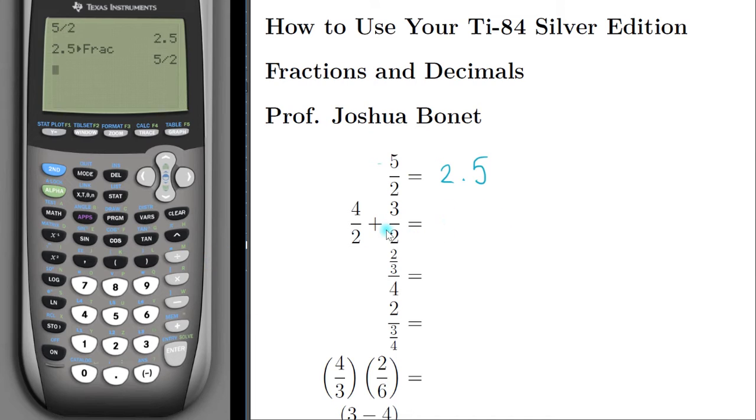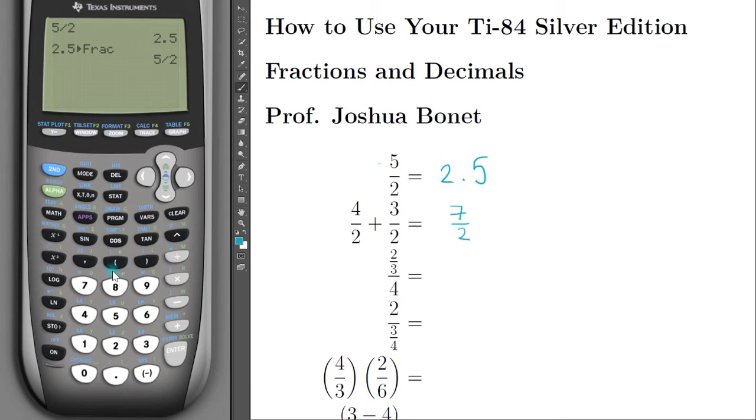Okay, now imagine you have 4 over 2 plus 3 over 2 equals. It already has a common denominator, at 7 over 2. Now as far as the calculator goes, in order to do these fractions, you must use parentheses in the calculator, because if you don't, the calculator won't understand what is being divided.